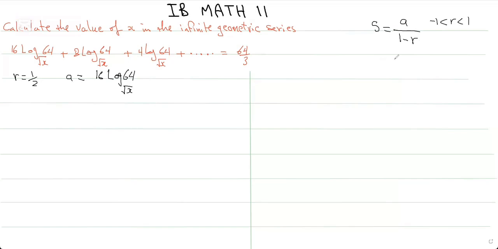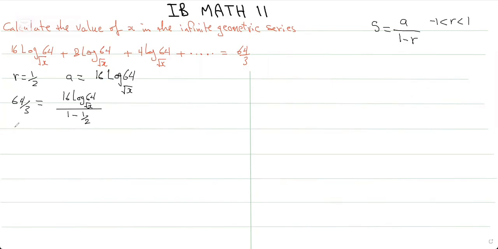Now let's go to this equation here and I'll start substituting where everything goes. Of course, here they gave me the sum and they want me to find x. So the sum is this. So S is right here. They gave it to you. So we could start off with 64 over 3 equals a, which is 16 log base root x of 64, all over 1 minus r, 1 minus a half.